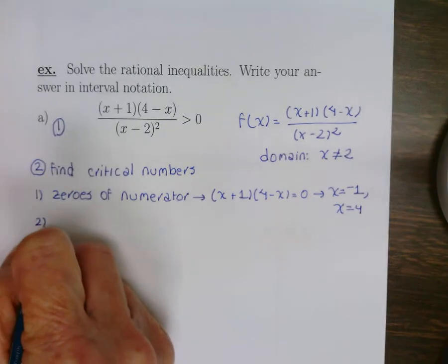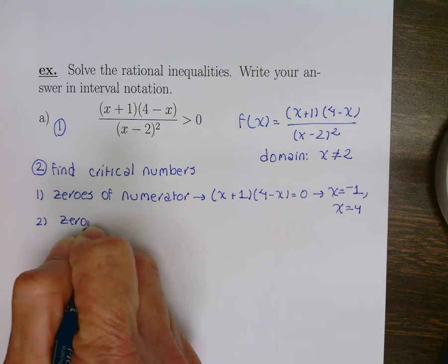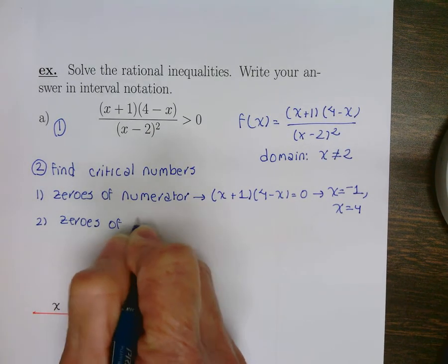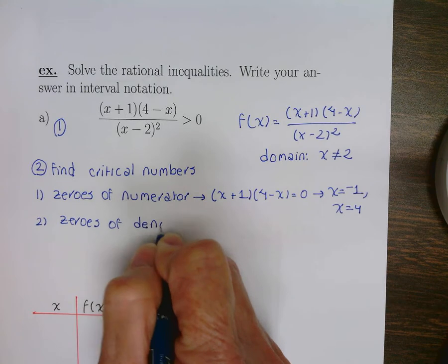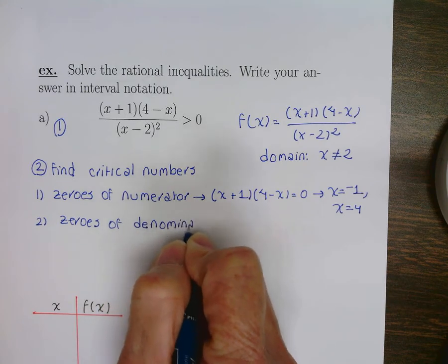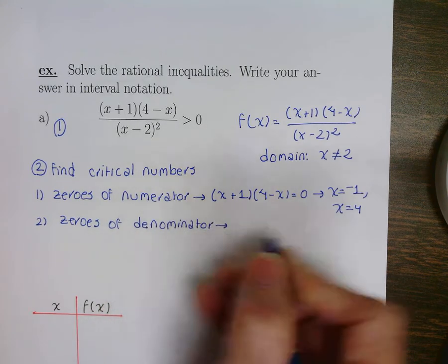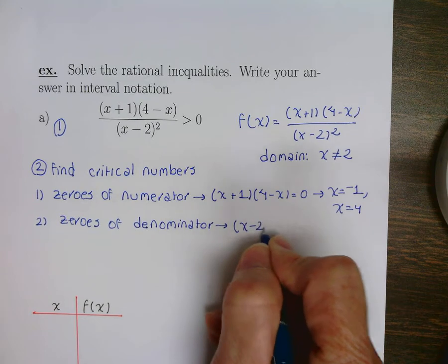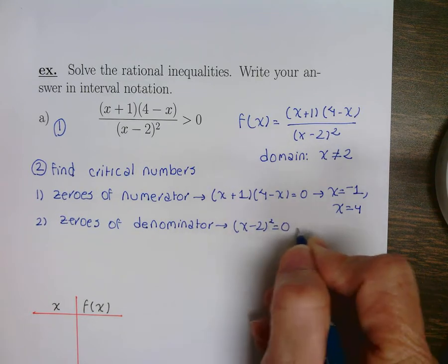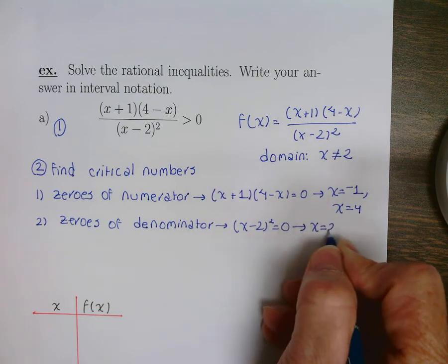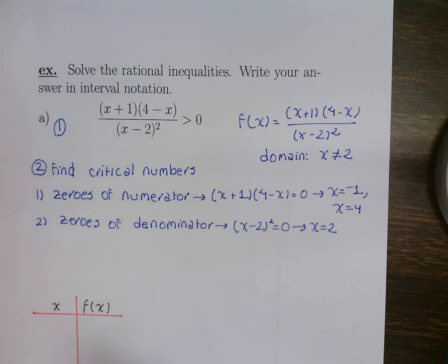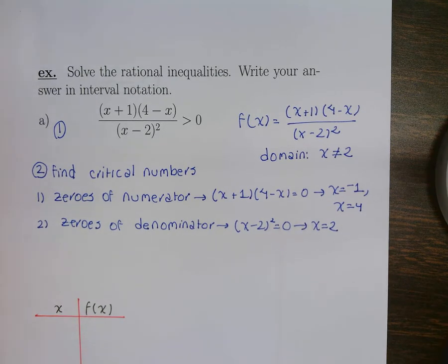And then we look at the zeros of the denominator. And that's where the denominator is equal to 0. And of course that's at x equals 2. It's not in the domain, but it is a critical number.